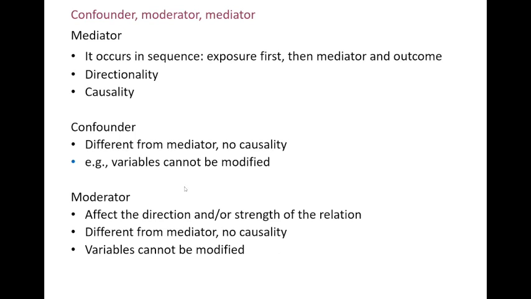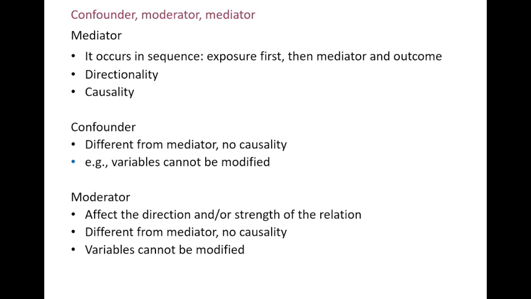For example, age might be confounder as well as moderator. So in some analysis you want to control for age, but you might also want to do subgroup analysis by age. In this case, doing subgroup analysis by age, you want to examine whether age modifies the relationship of X and Y.